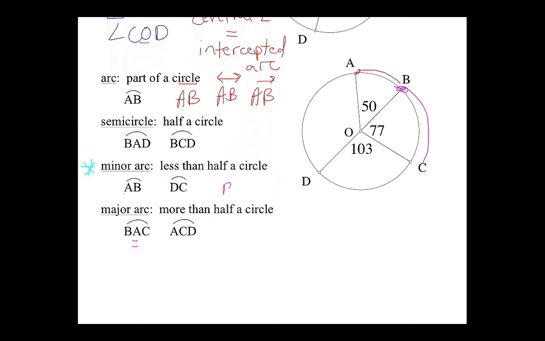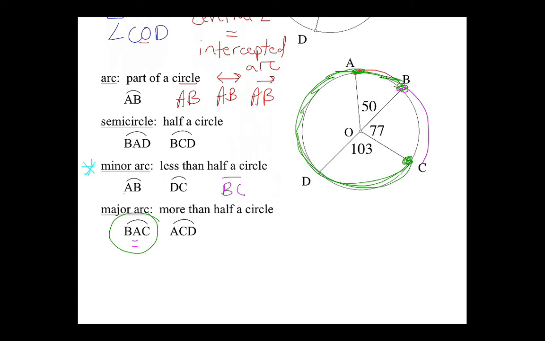That would be minor arc BC. What I'm looking for is arc BAC, which means I have to go from B, the next letter I have to hit is A, and then continue around the circle until I hit C. So arc BAC would be that green arc around the circle that I have right here.